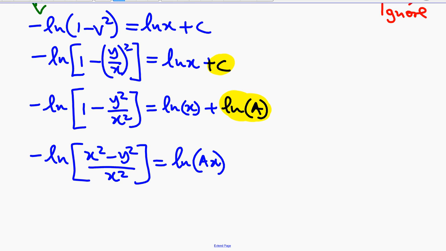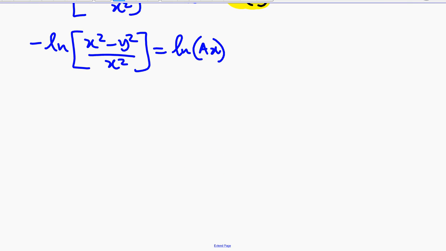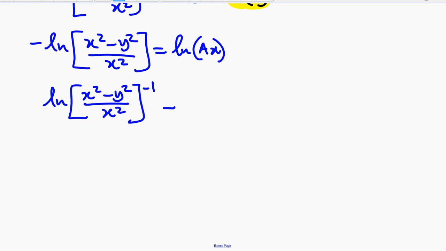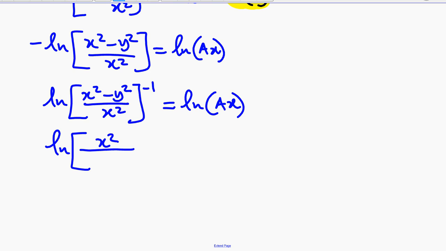Okay. Now, I need to get rid of that negative. So that will be ln of the reciprocal of that, because this is same as ((x squared minus y squared) over x squared) to power negative 1, which is equal to ln ax, which is same as ln of x squared over (x squared minus y squared).